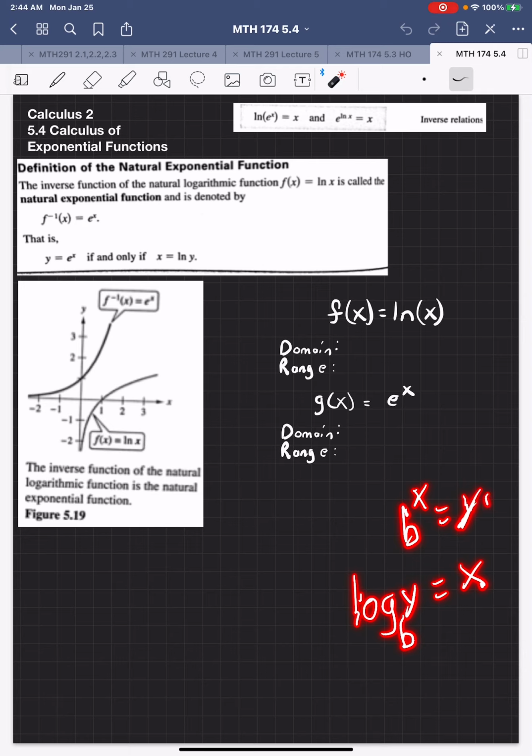So if you want a way of getting back to where you started, or undoing, you would need logarithms.